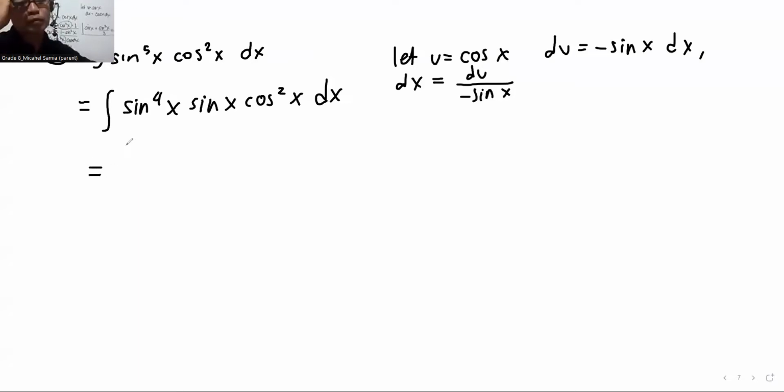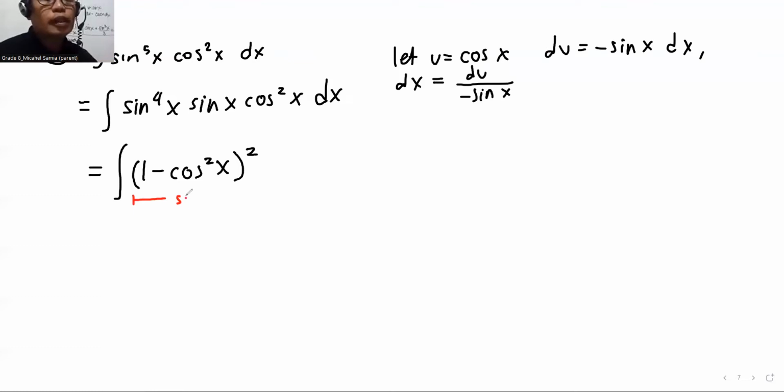Using the Pythagorean identity, substitute for sine squared theta. This is sine to the fourth theta or sine squared theta. Josh, erase that part first.